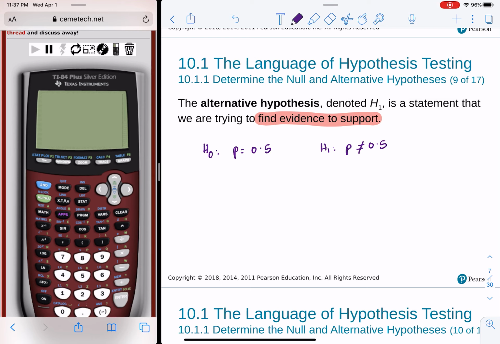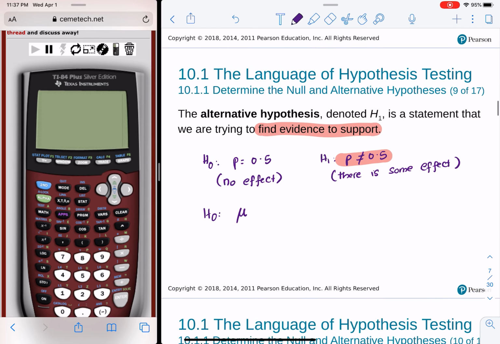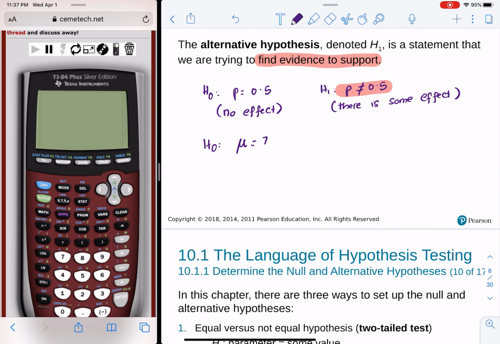So the null means there is no effect at all. The alternative is that there is some effect. In other words, we found evidence toward that statement, P is not equal to 0.5. In a similar manner, the other example that I had was H naught, mu equals 7.5, and H1 is mu not equal to 7.5.